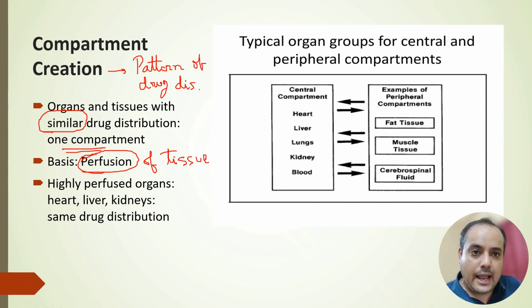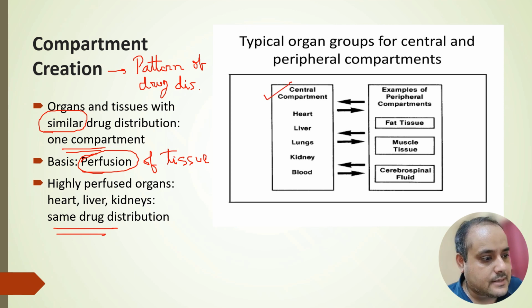Now the highly perfused organs like the heart, the liver and the kidneys have the same drug distribution. So the highly perfused organs have all been kept under one compartment, and that compartment is known as the central compartment. There is another compartment made up of poorly perfused tissues, and those compartments are known as peripheral compartments.